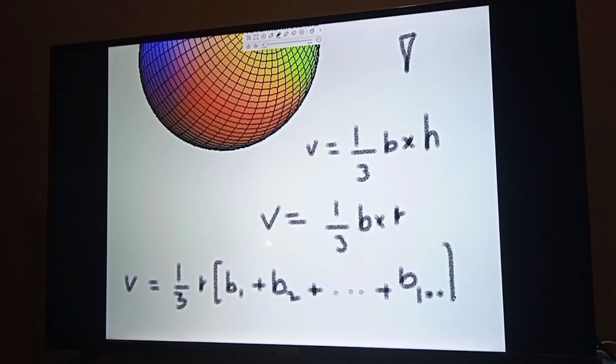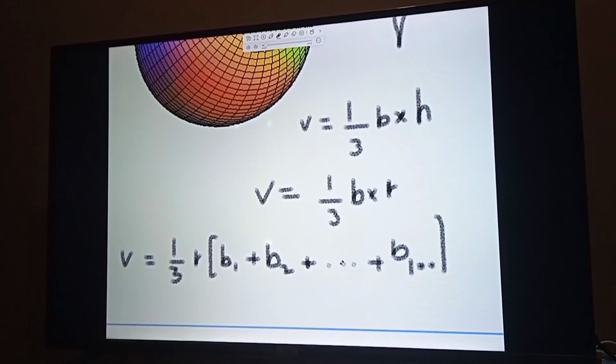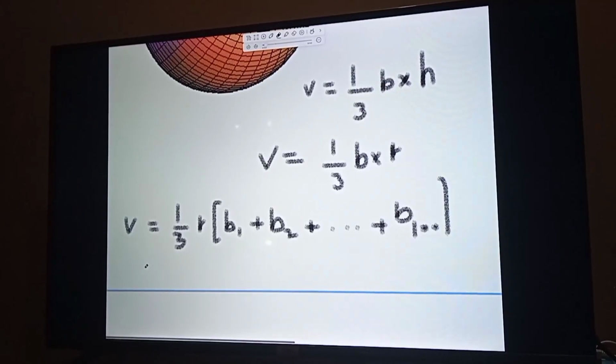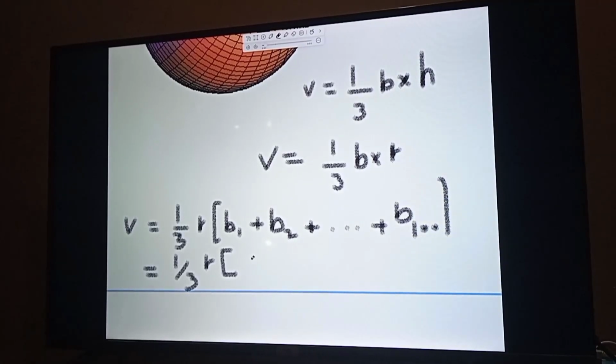Now this whole portion from base 1 to base 100 is the whole surface area of the sphere, which was this 4 pi r square.